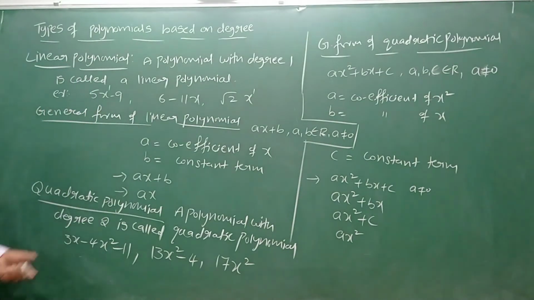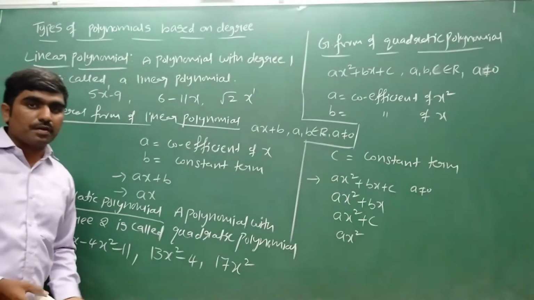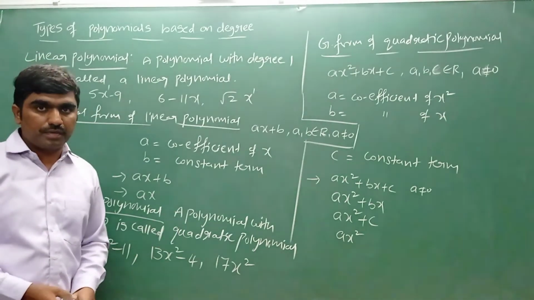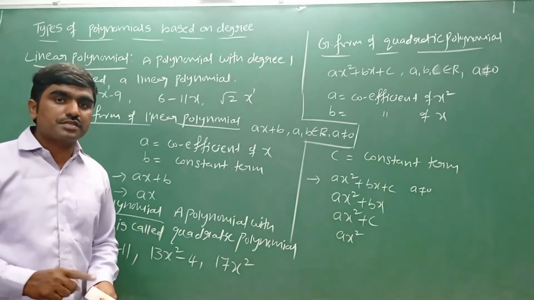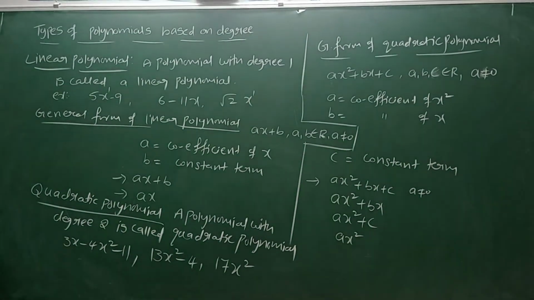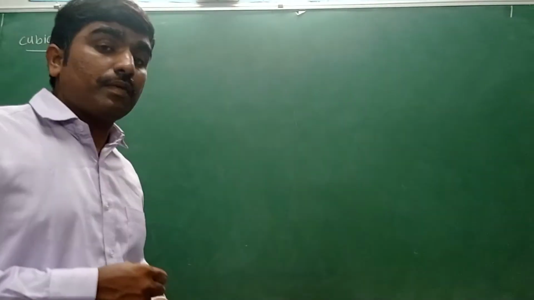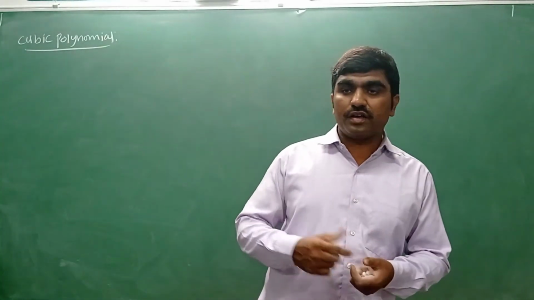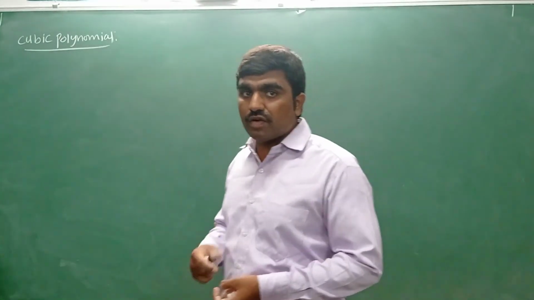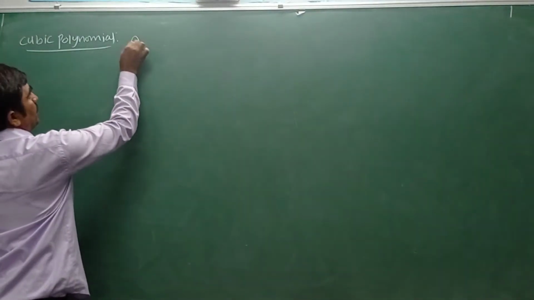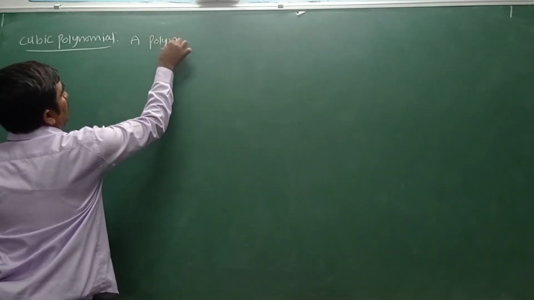This is about linear and quadratic polynomials. Degree 1 is a linear polynomial, degree 2 is a quadratic polynomial. Let's see what is degree 3, what is degree 4. What do we call a polynomial of degree 3? Degree 1 linear, degree 2 quadratic, then degree 3 we call a cubic polynomial.